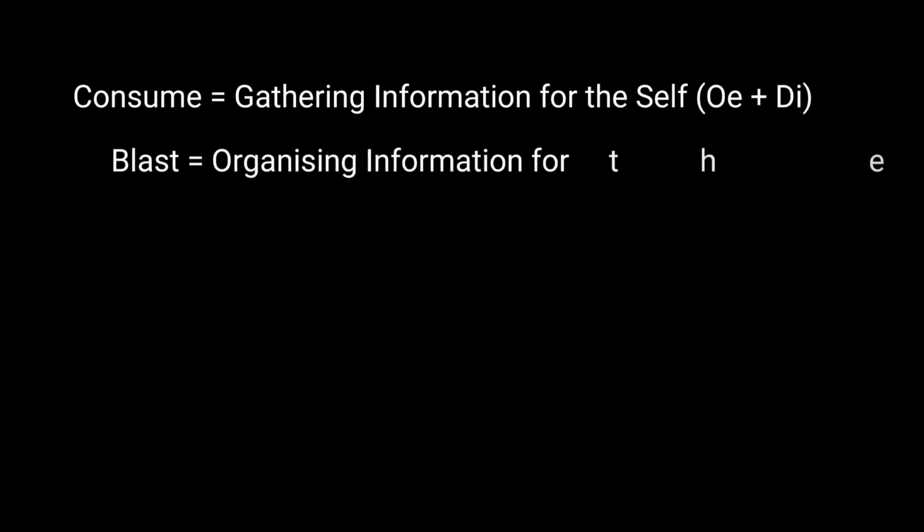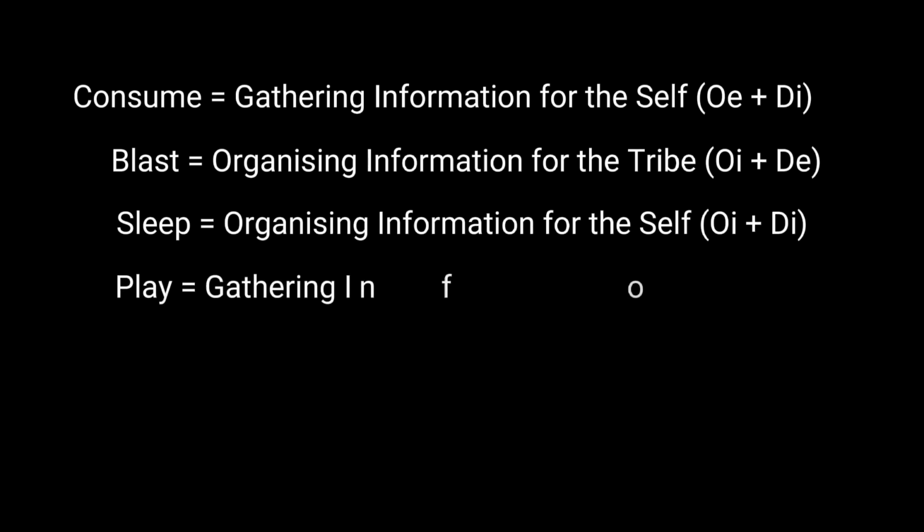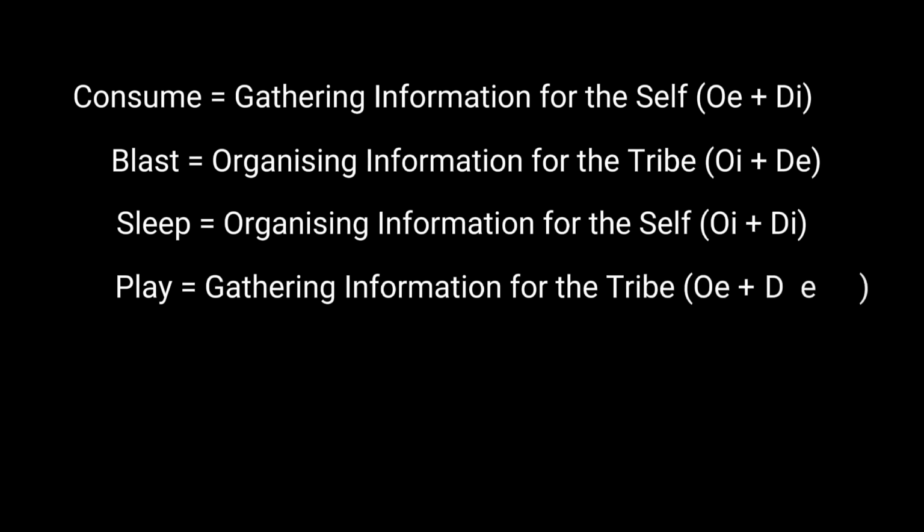Blast is concerned with organizing known information and giving it to the tribe, or OI plus DE. Sleep is concerned with going over known information for the self, or OI plus DI, and play is concerned with gathering new information for the tribe, or OE plus DE.